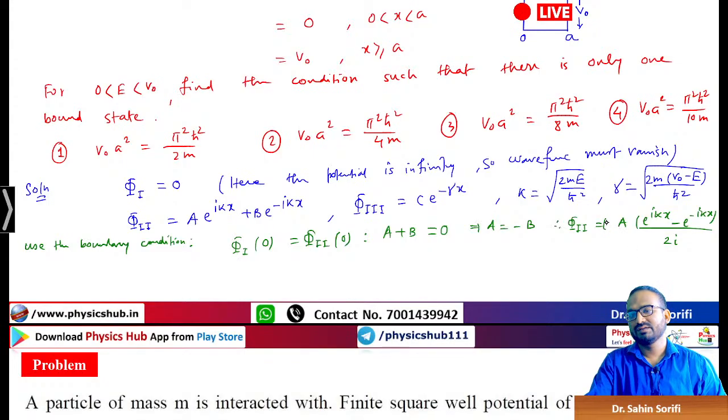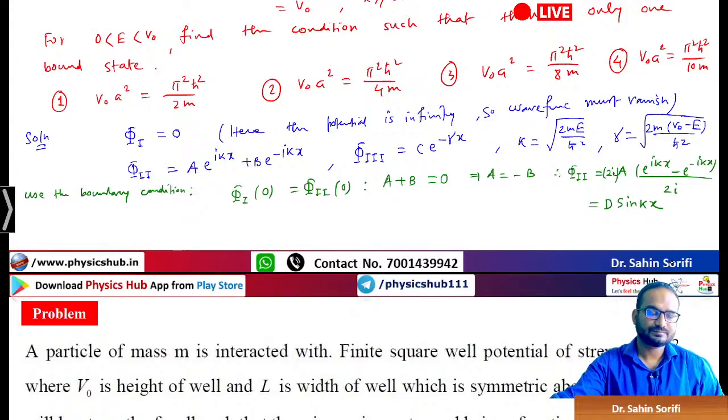We have divided by 2i, so we multiply by 2i. So this is sin kx, so 2iA times sin kx, 2iA is some other constant, let's say D. So phi 2 equals D sin kx.